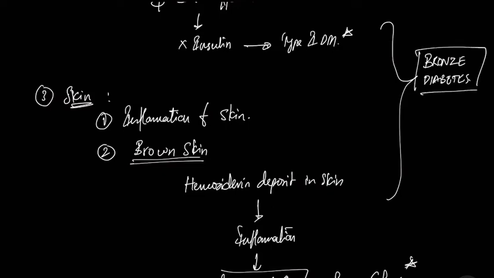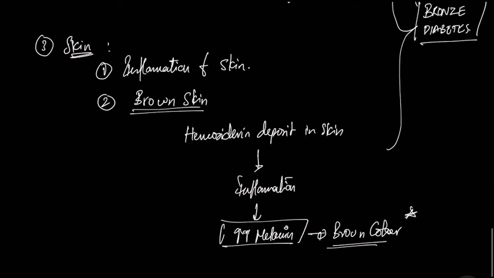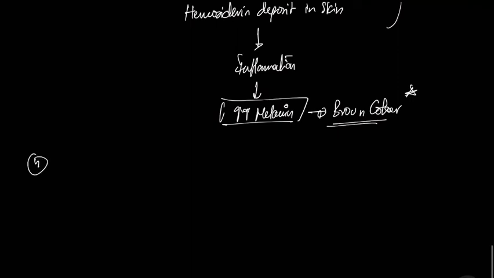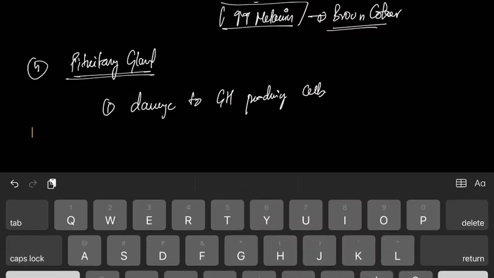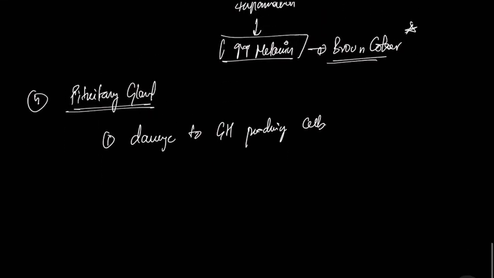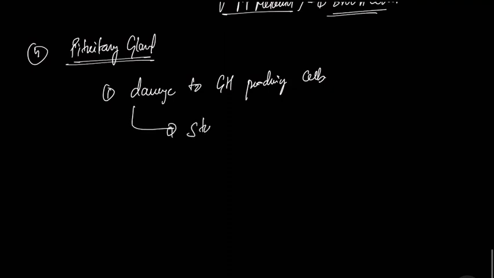All right, okay. So now the fourth organ getting affected that we'll be starting is your pituitary gland. All right, so what happens to the pituitary gland is that there is damage to the cells which are producing your growth hormone. All right, so damage to growth hormone producing cells. All right, so this leads to your stunted growth.